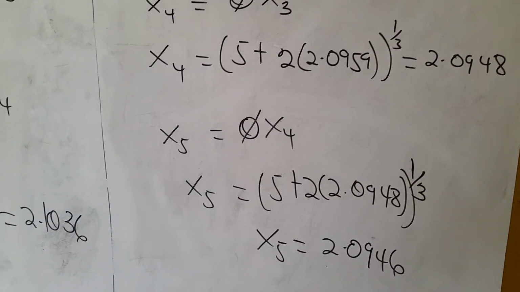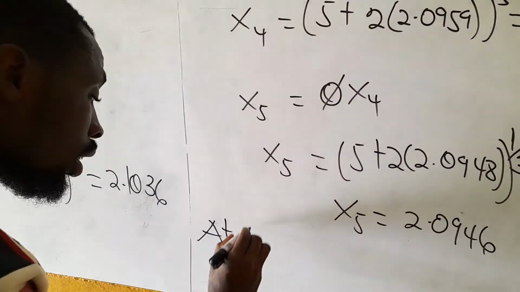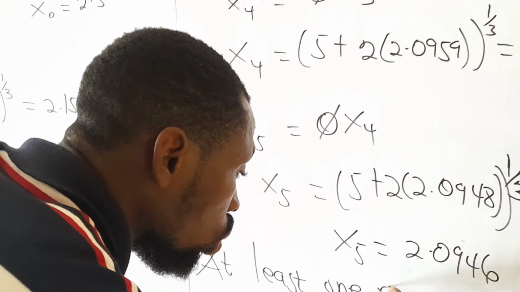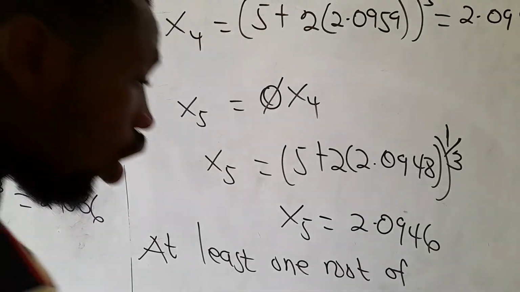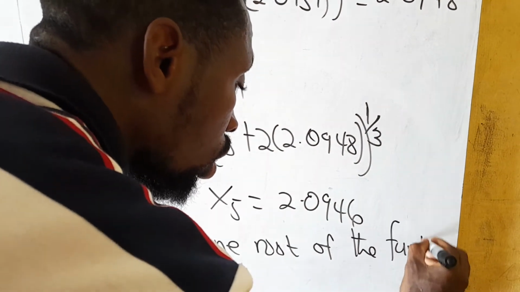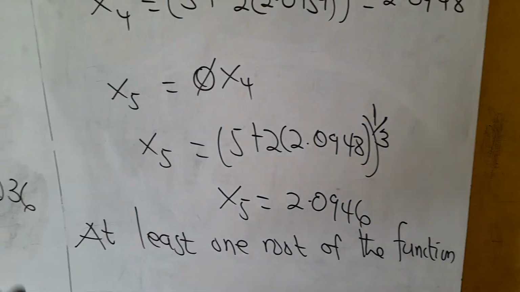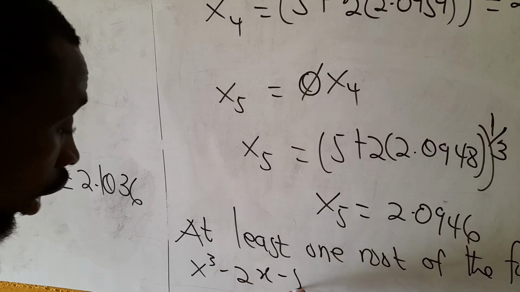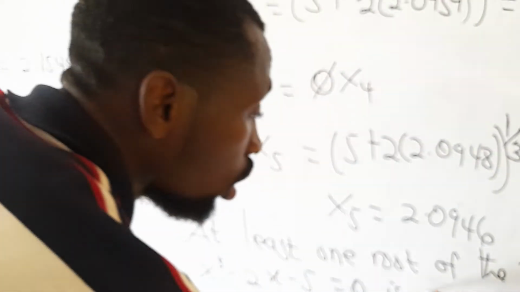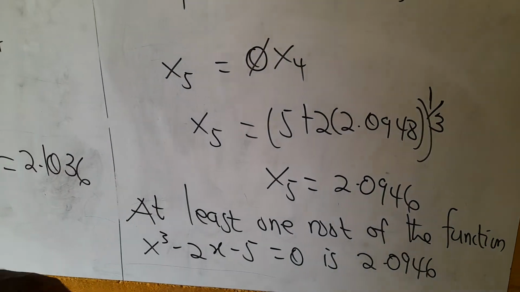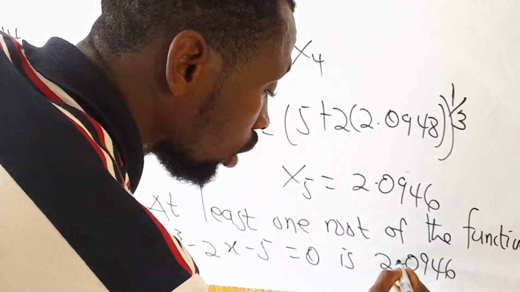So we can say at least one root of the function x cubed minus 2x minus 5 equal to 0 is 2.0946, correct to 4 decimal places.